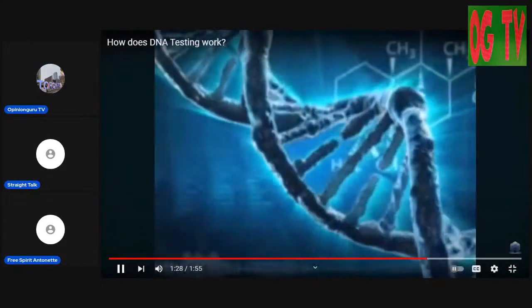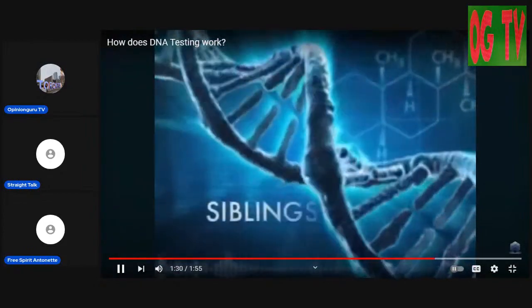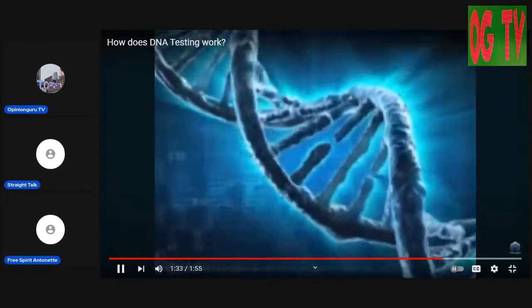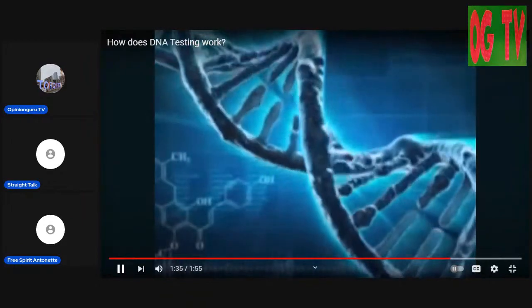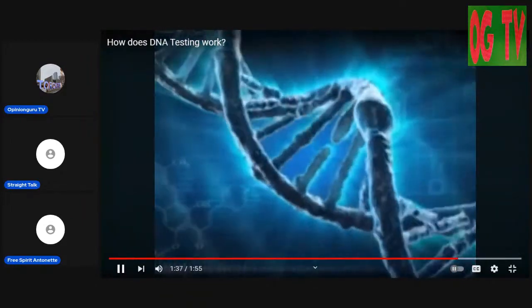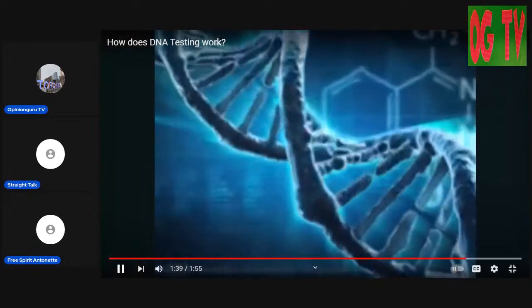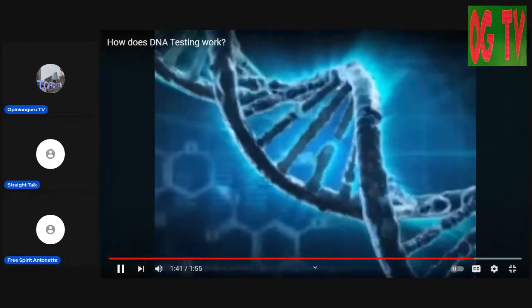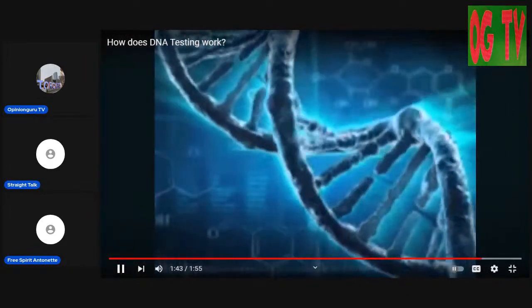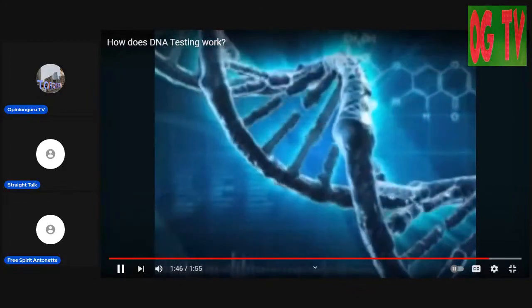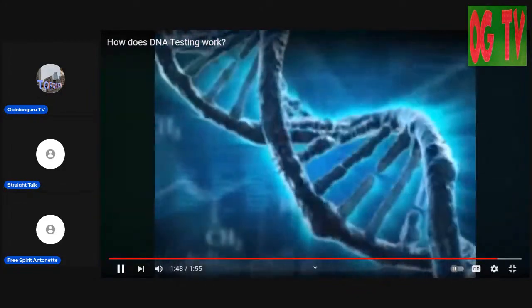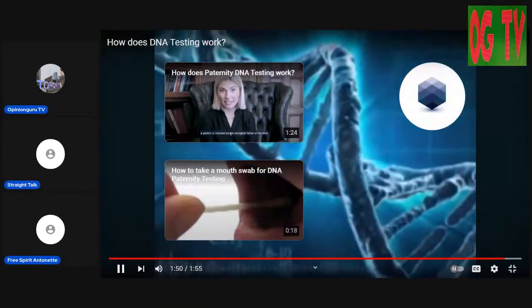When testing other relationships, such as potential siblings, test participants are not expected to match at all locations. These tests are based on the fact that biologically related individuals will have more DNA in common than those that are unrelated. The amount of common DNA depends on how closely the individuals are indeed related.